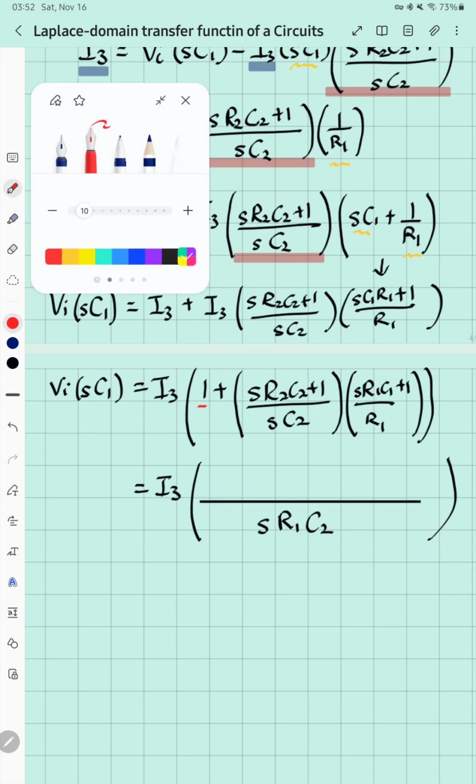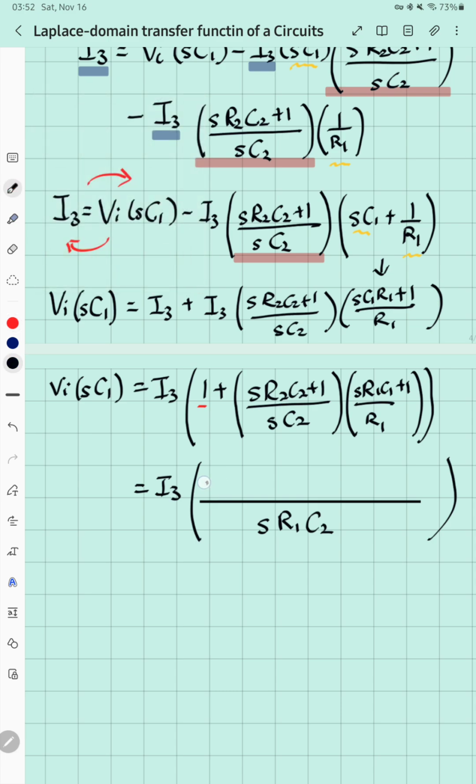You have one up there, so SR1C2 plus, now we only take care of all that's on the numerator.